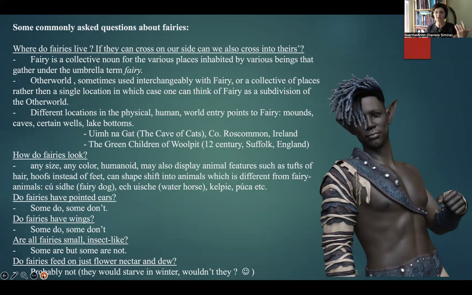And I already explained the idea of Fairy written with a capital F. The word is used sometimes interchangeably with Other World. And I will repeat, I think of it as a collective of places, like countries on a continent, where each country is inhabited by different types of fairies.